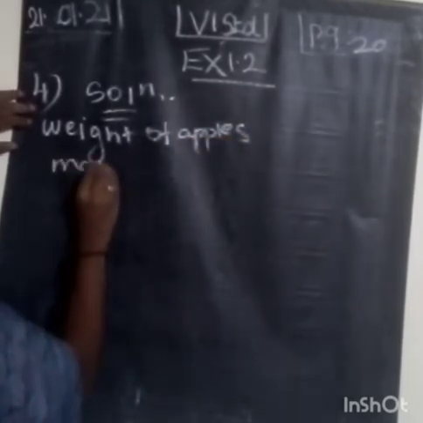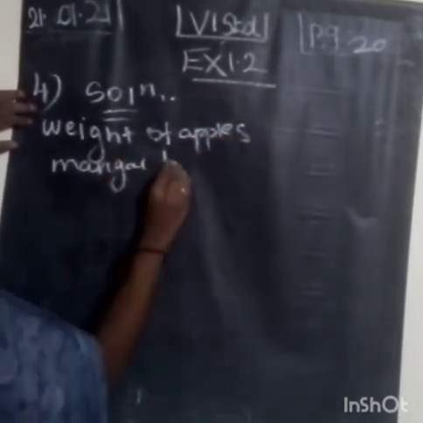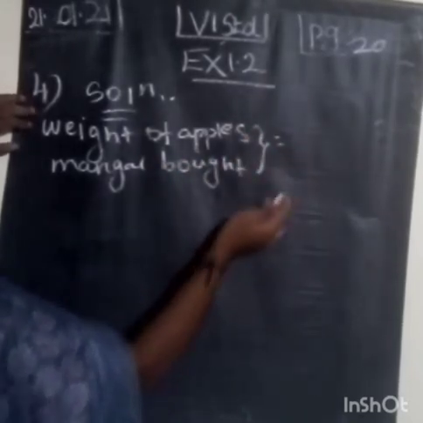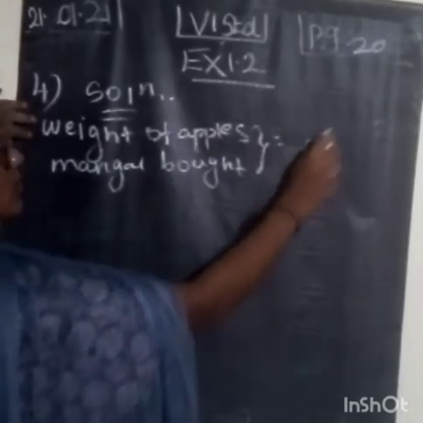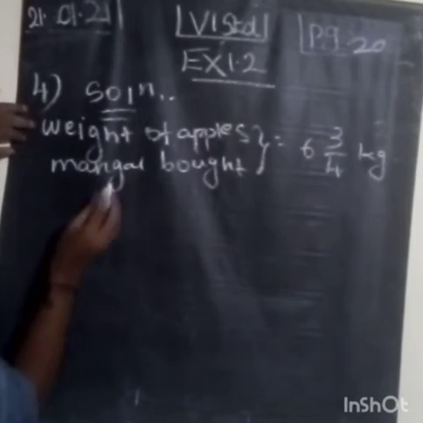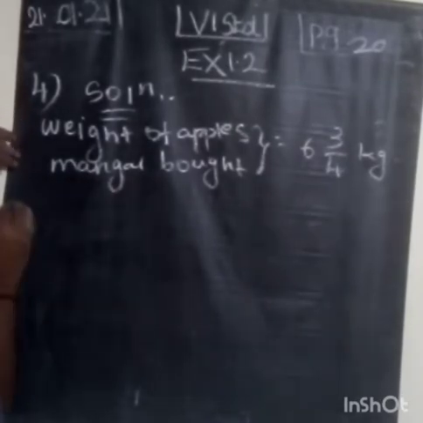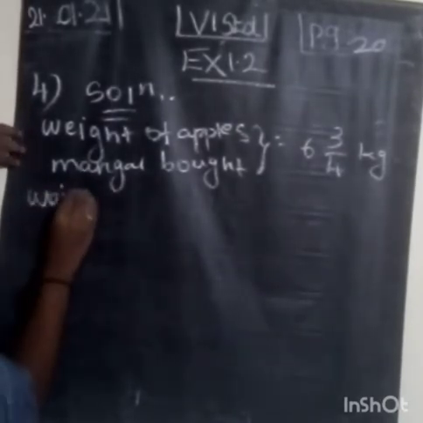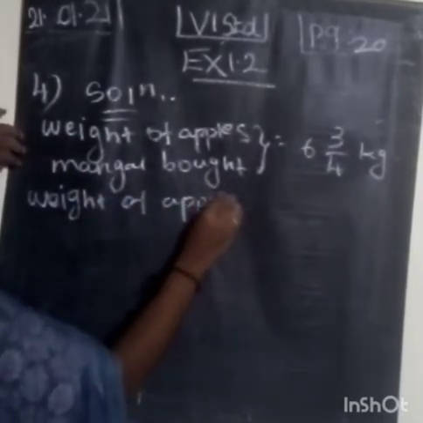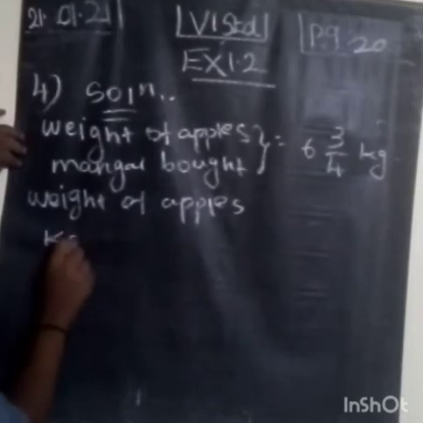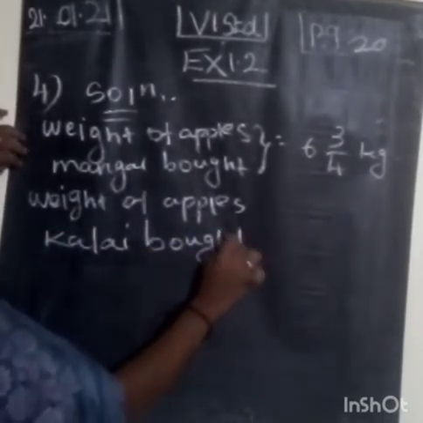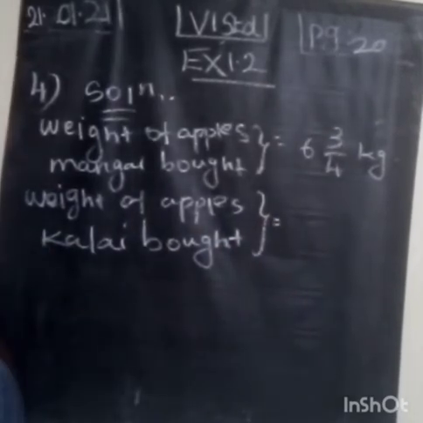The weight of apples Mangai bought is 6 into 3 by 4 kg. And then the weight of apples Kalai bought.